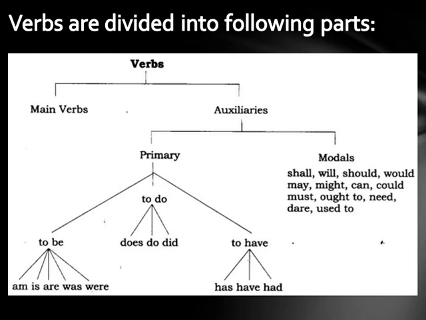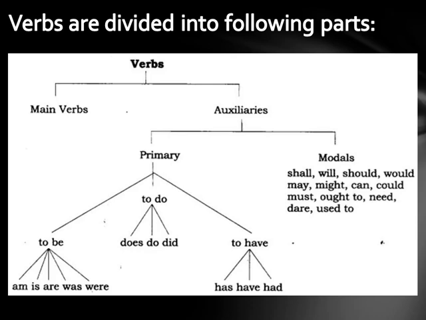In to be, we use am, is, are, was, were. In to do, we use does, do, did. In to have, we use has, have, had.